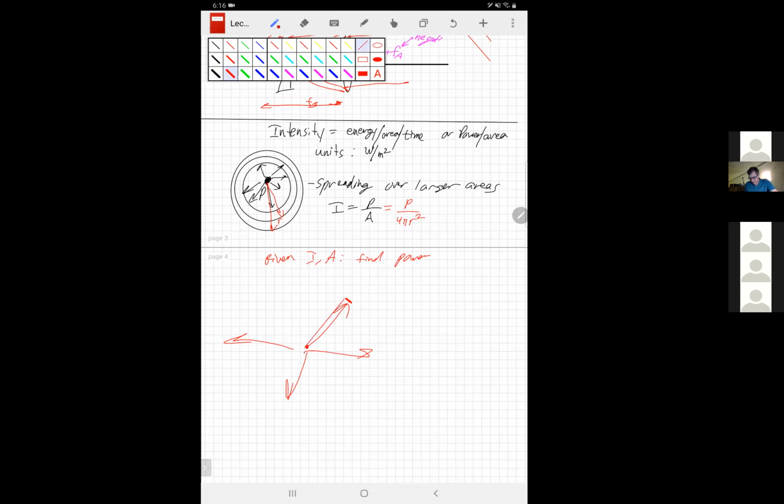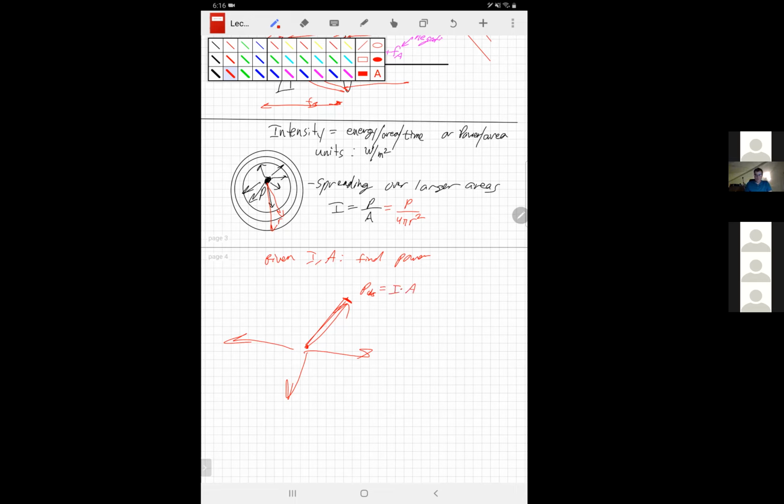The distance from the source to this edge is not exactly the same as the distance to this other point, but we can neglect that for a really small area. And so the power absorbed, if it was just facing the source directly, would be I times A.